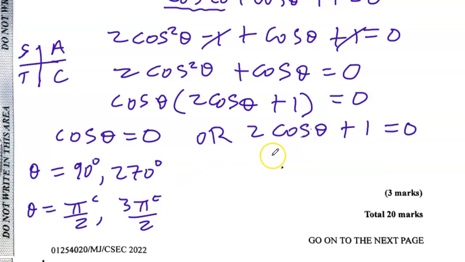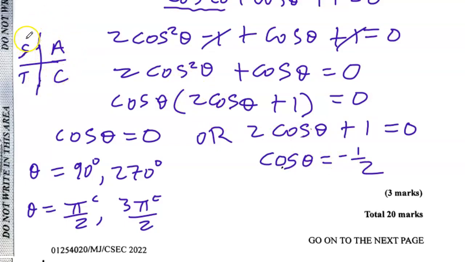Over here, we solve: subtract 1 from both sides and divide both sides by 2. You transpose and get cos theta equals negative a half. Remember, negative a half, so we're using the angles for when cos is negative.